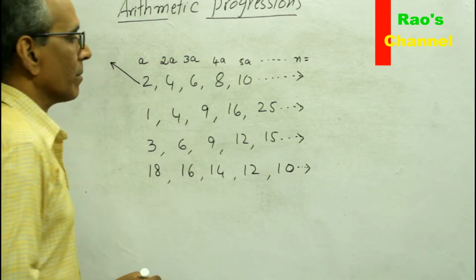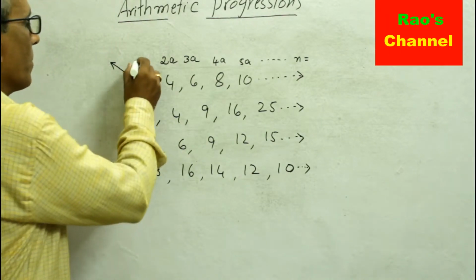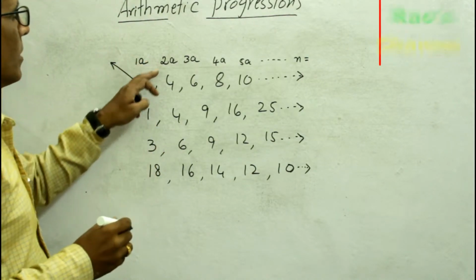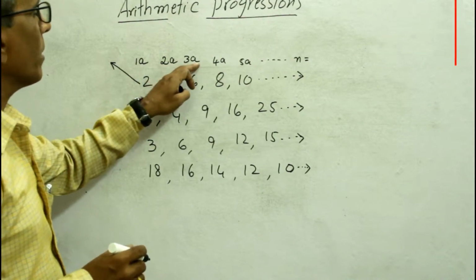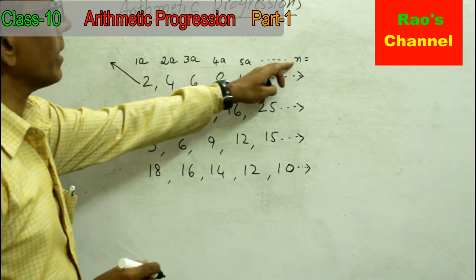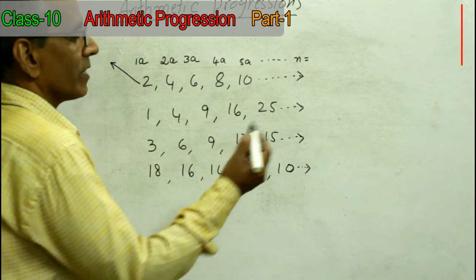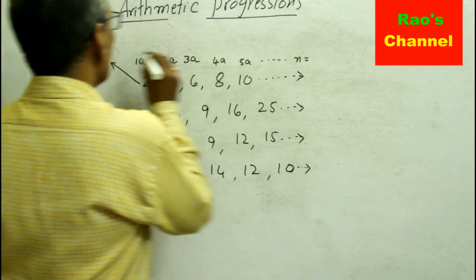It is the first member, so 1 into A. There is the second member, so 2 into A value. Third member, fourth member, fifth member, nth member. It's very clear, you can answer this, that is 2n.